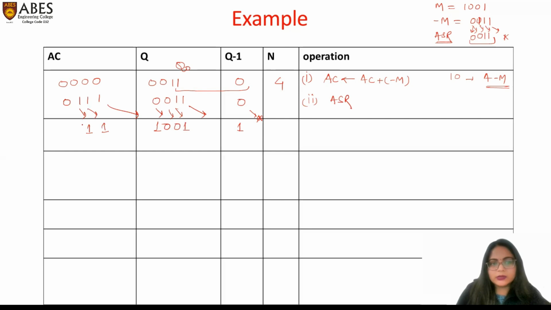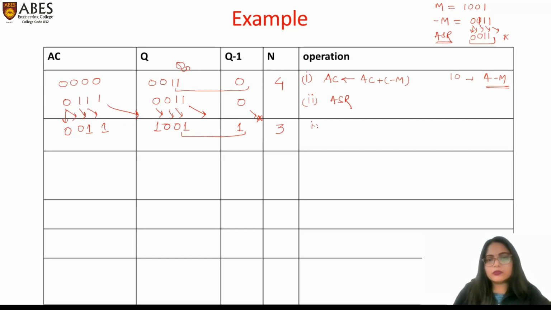This one will be here. 0 will replace 1 now and 0 will be copied. So this is the updated value now, and after ASR, the value of N will be decreased by 1.